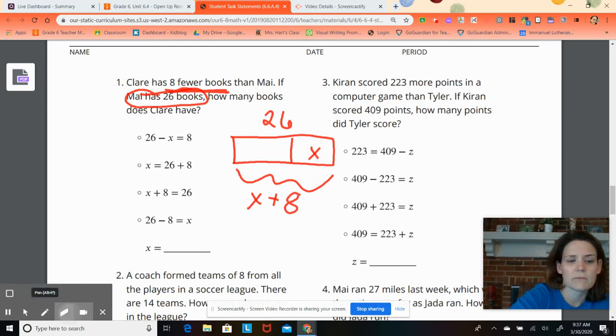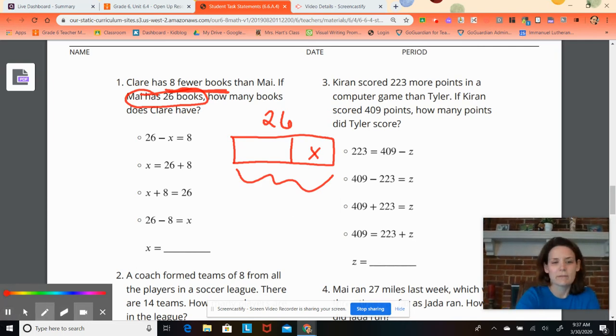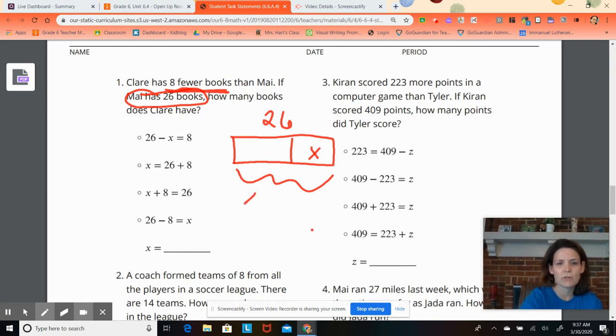I don't know if that's right. Let's see. I'm going to rethink this here. Yeah, that's what I was thinking. So if Clare has 8 fewer books than Mai, that means that Mai has 8 more books than Clare. So she would have x plus 8.